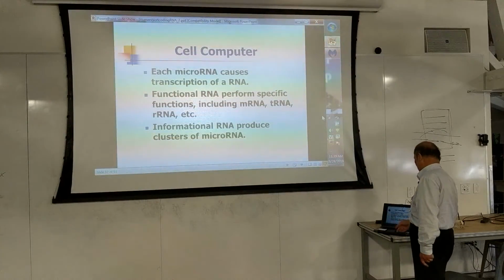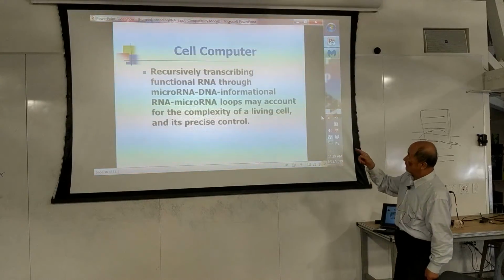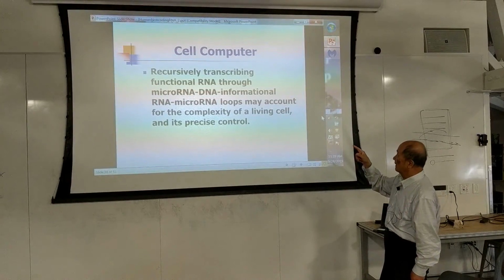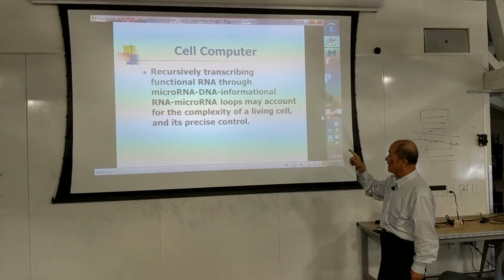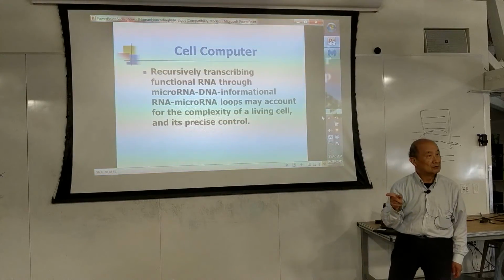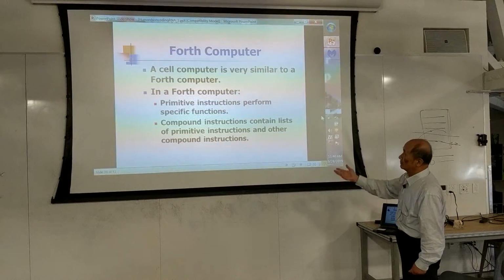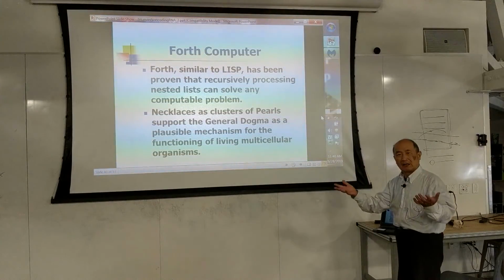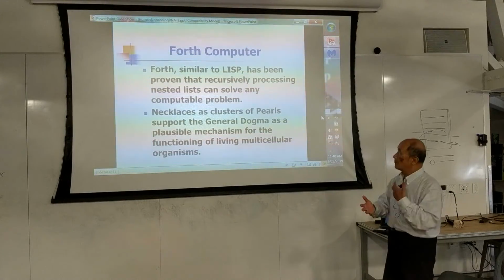Recursively transcribing functional RNA through the microRNA, DNA, informational RNA, microRNA loop may account for the complexity of a living cell and its precise control. It's just like a Forth computer. With Forth, we have demonstrated and proved that recursively processing nested lists can solve any computable problem.